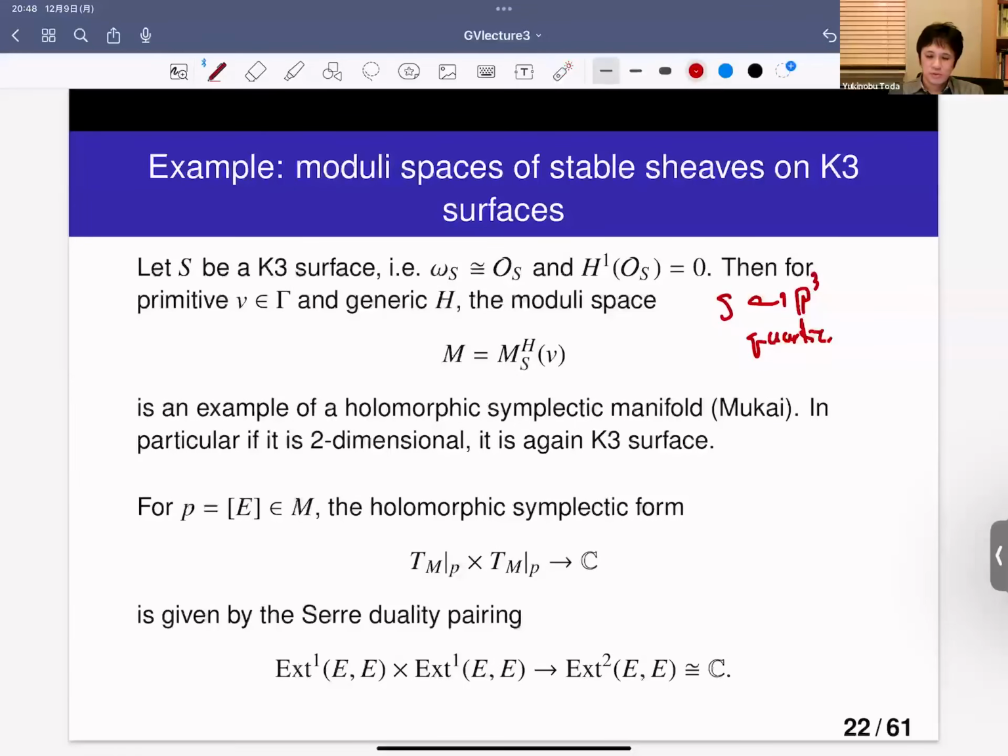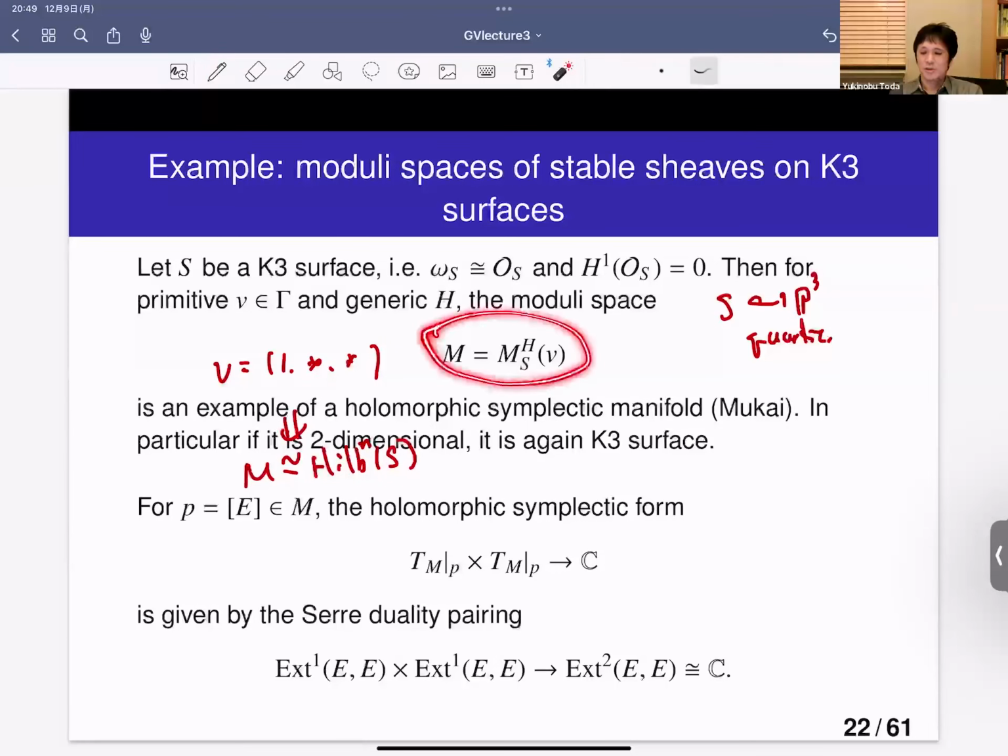For example, if you take v to be of the form (1, 0, something), that is the rank 1 case, then M is in fact isomorphic to the Hilbert scheme of points. And it gives an example of a holomorphic symplectic manifold. And in general, it is known that such a moduli space M is deformation equivalent to the Hilbert scheme of points.